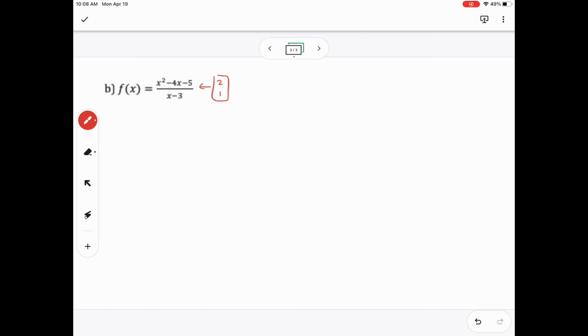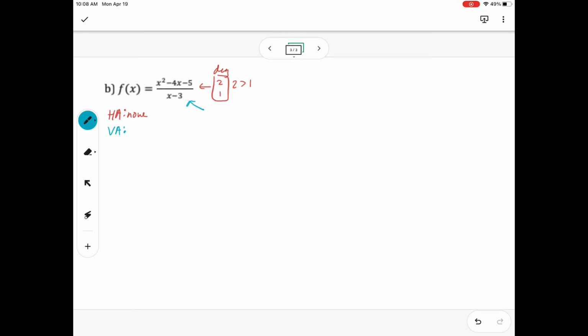Okay, moving on to letter B, the same thing happens. The degree on the top is greater than the degree on the bottom, so that means I'm not going to have a horizontal asymptote. Then I can set the denominator equal to 0.